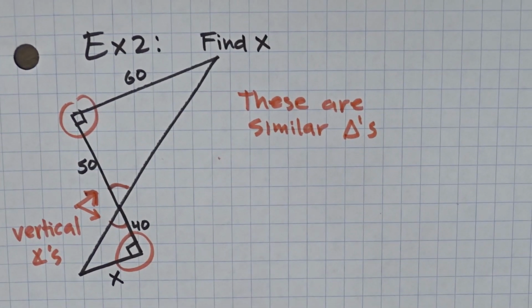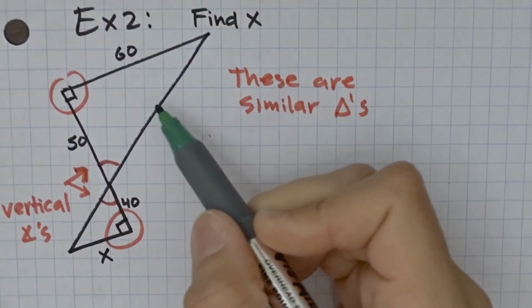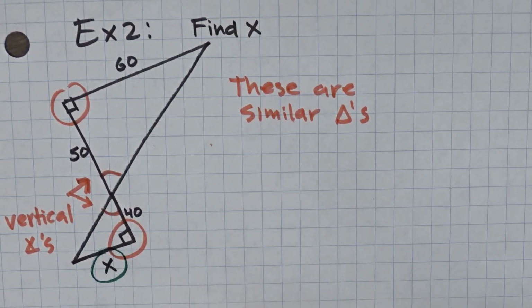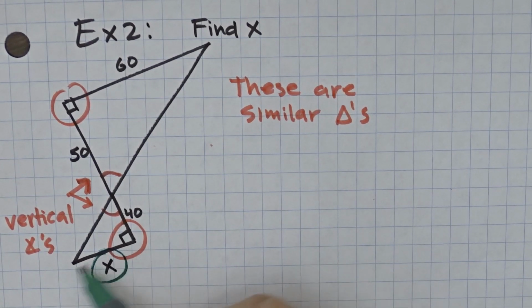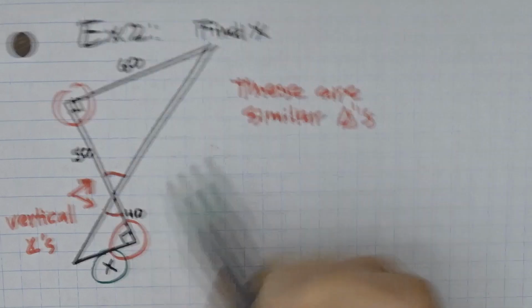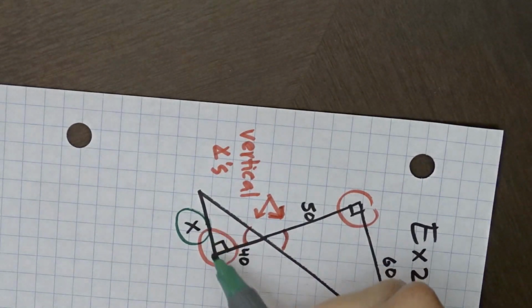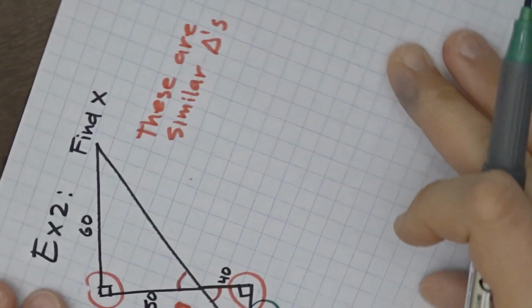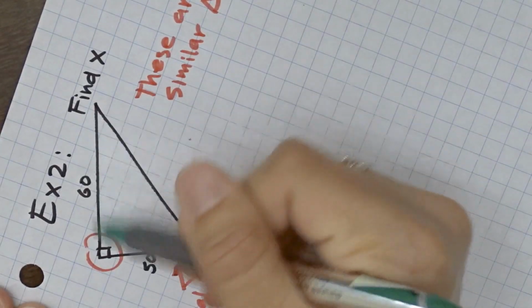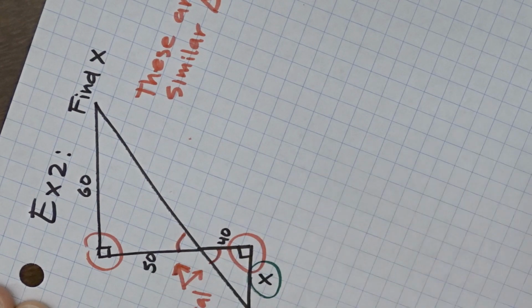Now it's important that we conclude that they're similar before we can assume that the ratio of their sides are proportional. So now because we know they're similar, we can say that x on this triangle, it appears to be the height of the triangle if you turn it around at the 90-degree angle, will correspond to 60, what looks like the height of that triangle when you're looking at the 90-degree angle.